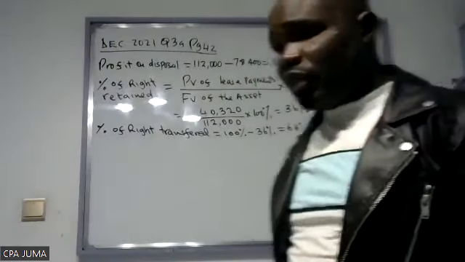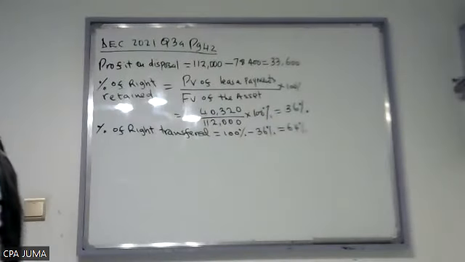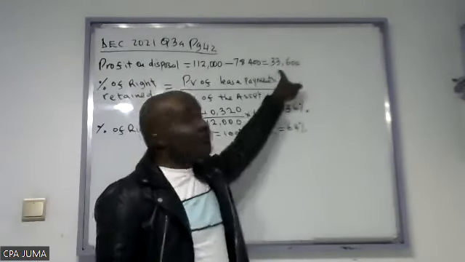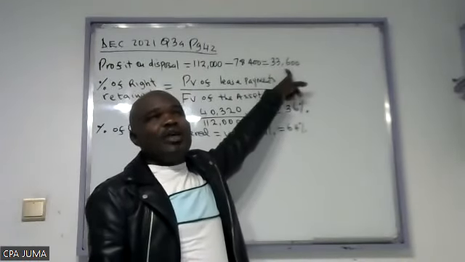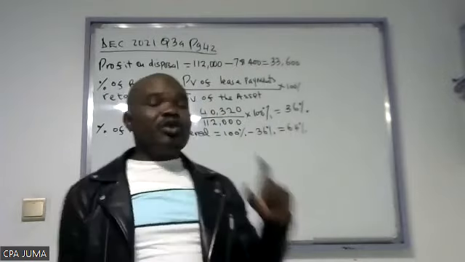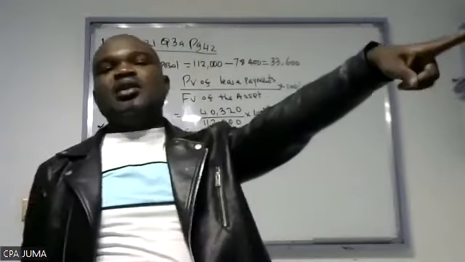Now, I have seen a mistake. There's a mistake they did. They recognized a profit of 33.6 in the profit or loss. That is a mistake. You are not supposed to recognize the entire profit. Profit, you only recognize based on the rights transferred.